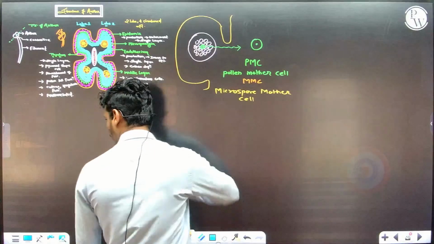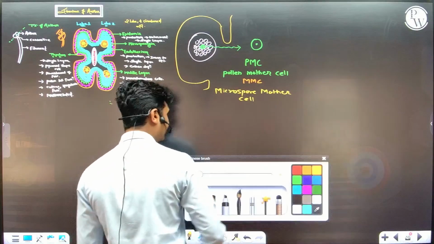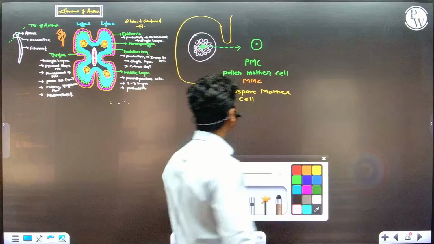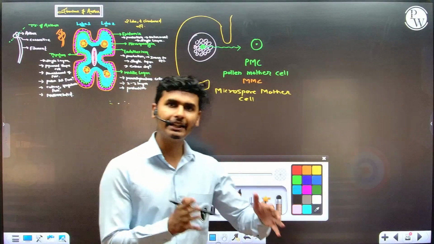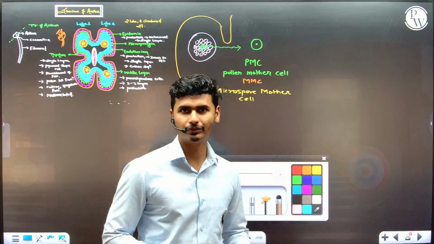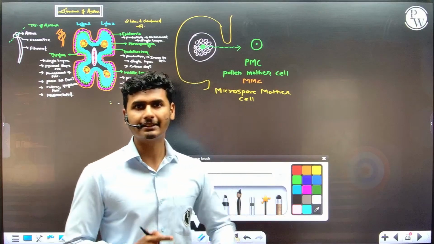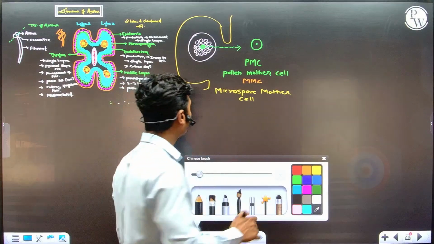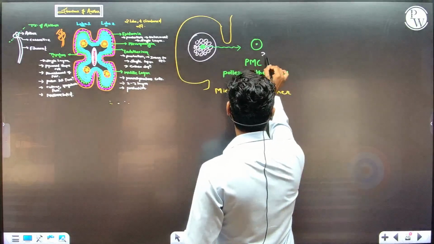Now, what is the ploidy of this PMC or MMC? N, 2N, 3N, none of the above? Obviously 2N, that is, diploid.